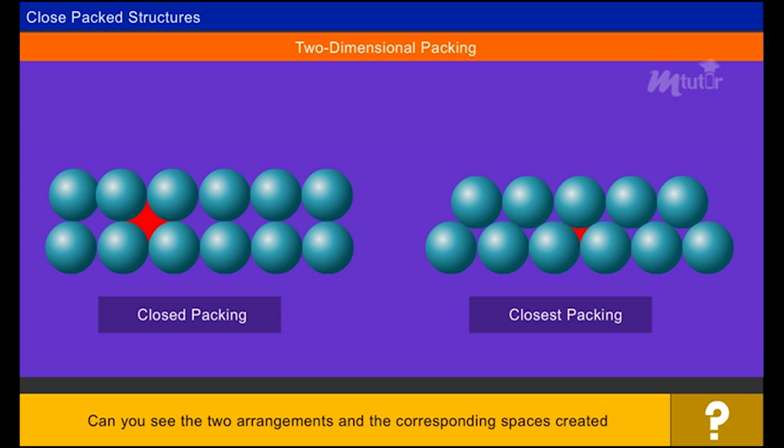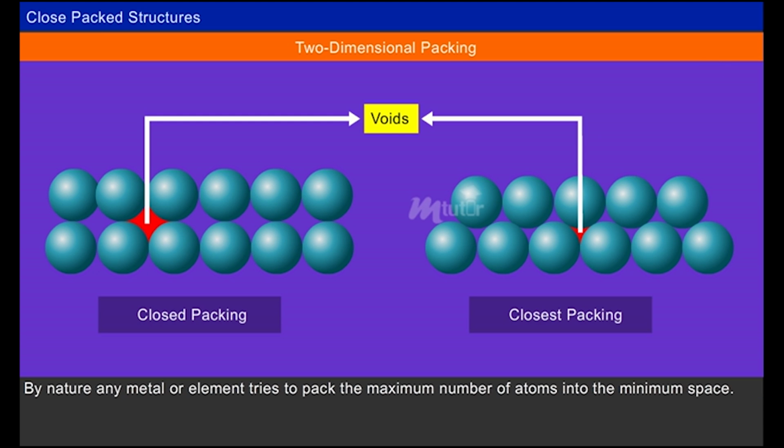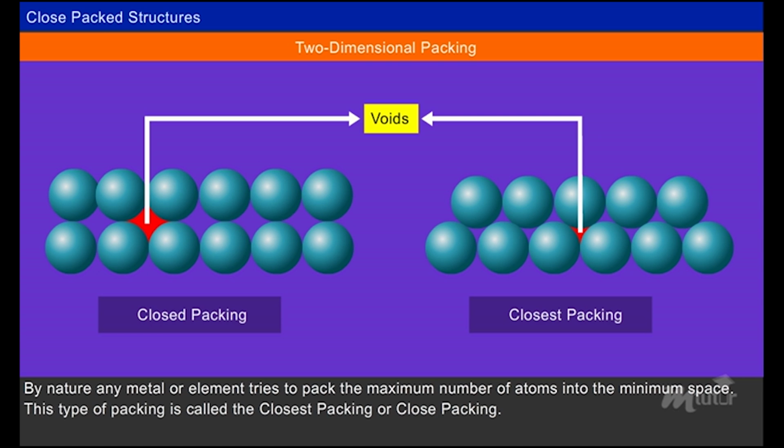Can you see these two arrangements and the corresponding spaces created? This gap is also called a void. By nature, any metal or element tries to pack the maximum number of atoms into the minimum space. This type of packing is called the closest packing or close packing.